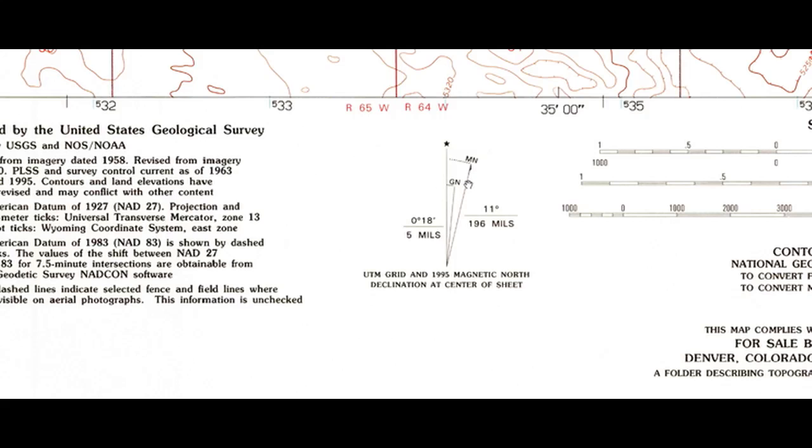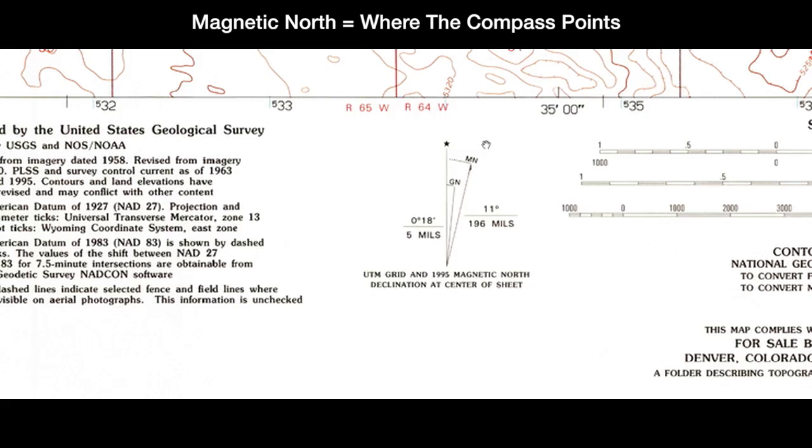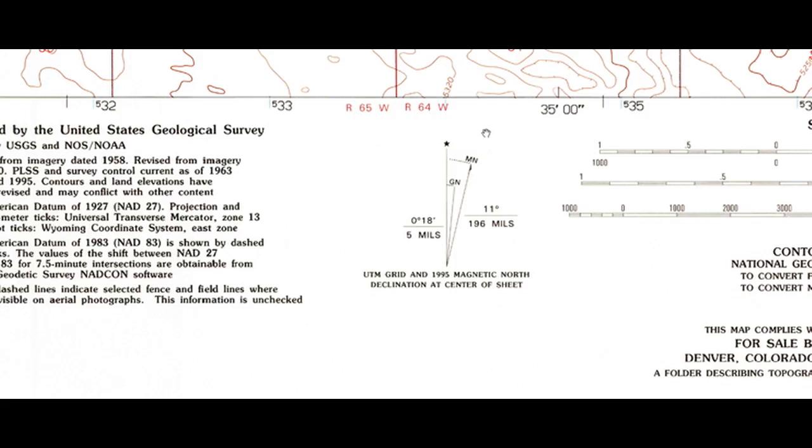Then you've got magnetic north, and magnetic north is essentially where the compass is going to point to. The compass does not point to true north, it points to magnetic north, which is an area up in the north, kind of close to the Hudson Bay region, somewhere up in there.